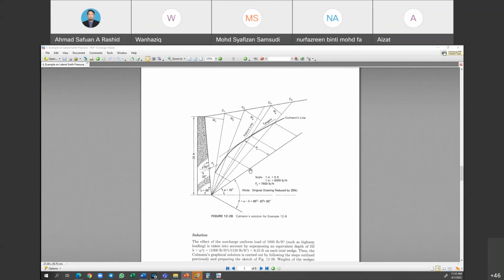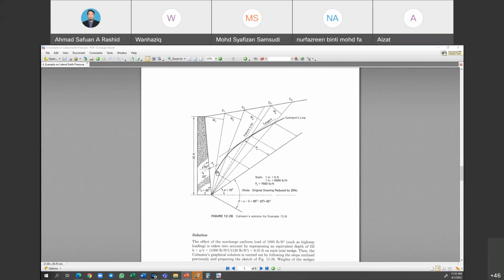The W2 is connected with the C2, the W3 with the C3, and the W4 with the C4, and make sure it's parallel with this line.